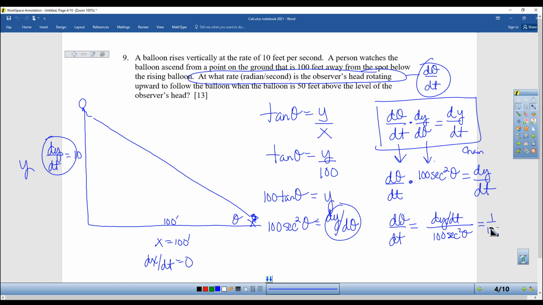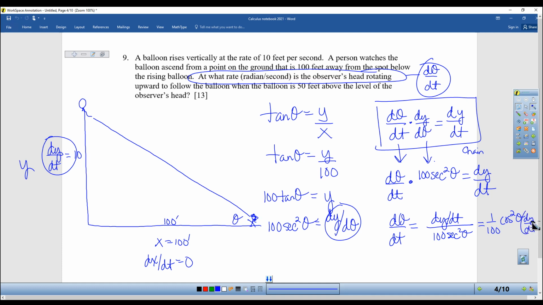I'm going to make it 1 over 100, and move that to the top and call it cosine squared, because cosine's always easier to find than secant. And then times dy dt. So a little bit different form, but I think you'll find it's easier.